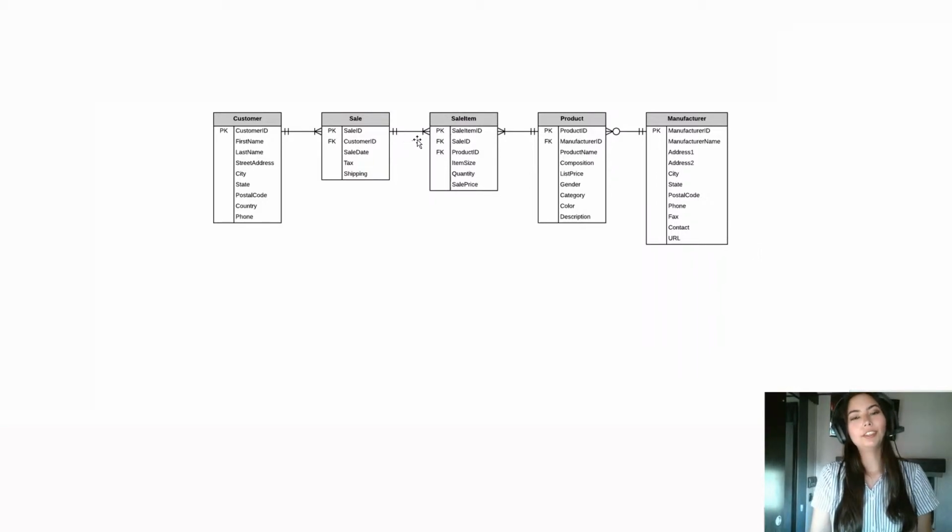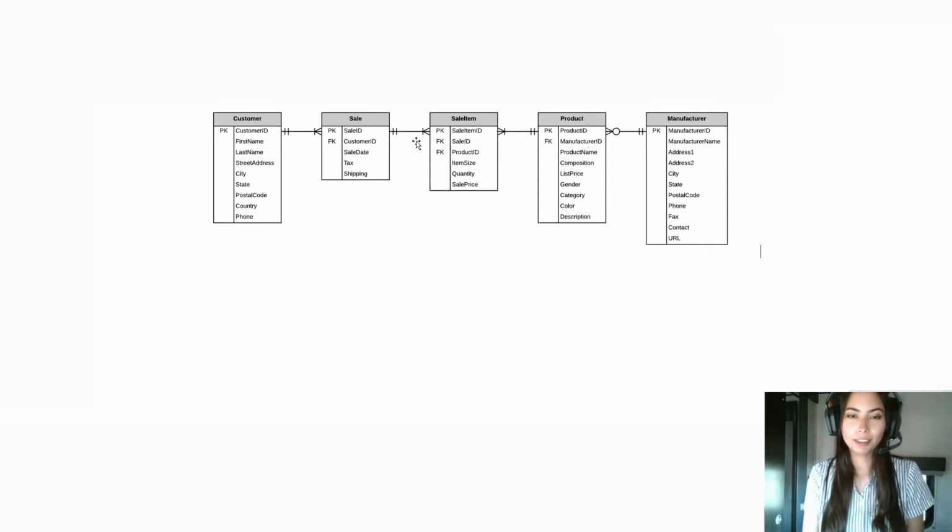This is also called crow's feet because it looks like crow's feet, I guess. Let's start between customer and sale. This relationship between customer entity and sale entity can be read as so: a customer has one to many sales, and a sale has one and only one customer.